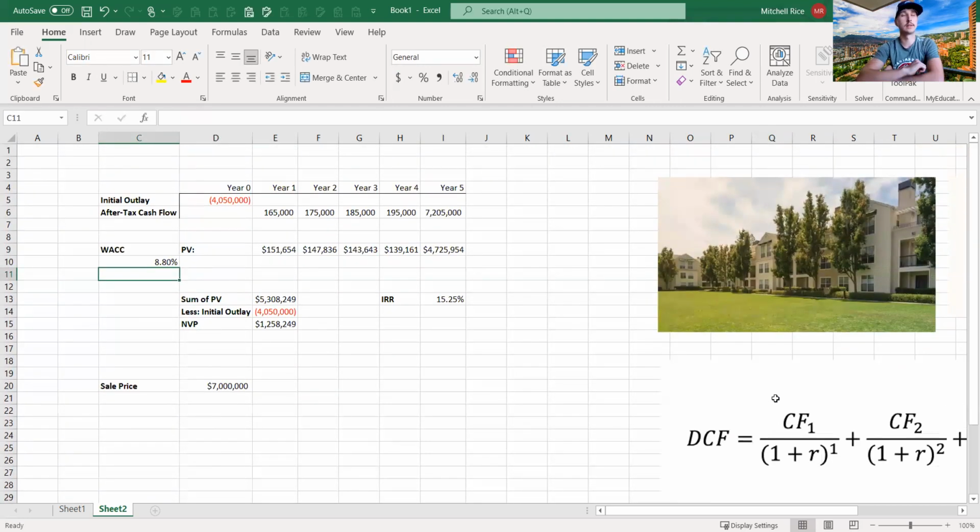Other methodologies I've seen for choosing a discount rate is companies will start with the risk-free rate, which is usually like a treasury note, maybe the 3-month. And let's say that's 2%. Then, if you were a bank lender or a mortgage lender figuring out what your interest rate would be, you would start with that risk-free rate, and then maybe apply another rate for default risk or credit risk, depending on the credit profile of the tenant.